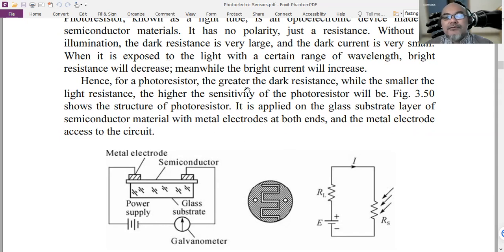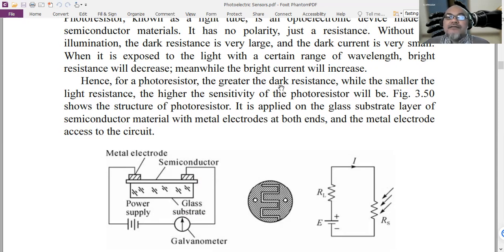When it is exposed to light with a certain range of wavelength, it is not sensitive towards all wavelengths, but usually in the visual wavelength, then the resistance will decrease. The bright current will also increase. So the greater the dark resistance and the smaller the light resistance, the bright resistance, the higher the sensitivity of that photoresistor.